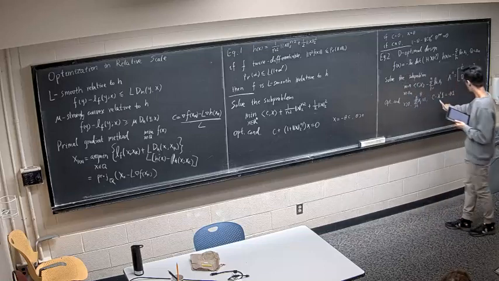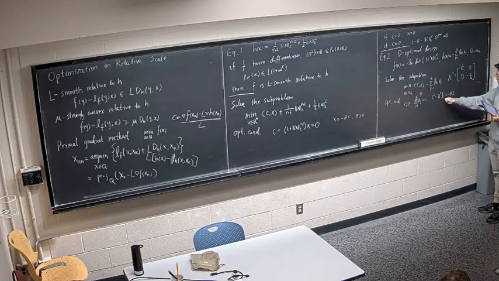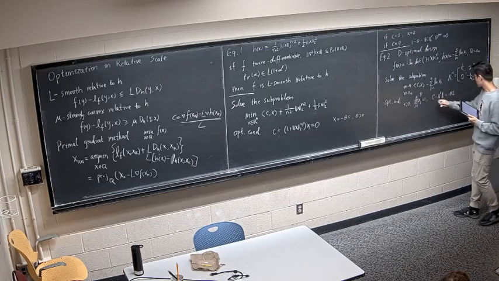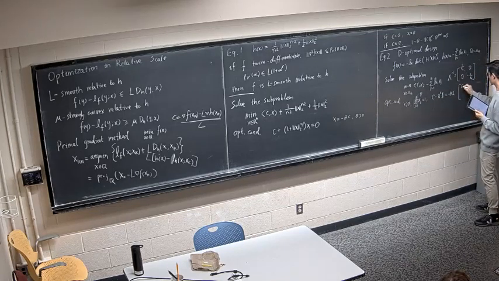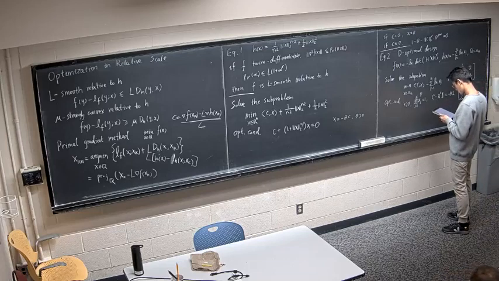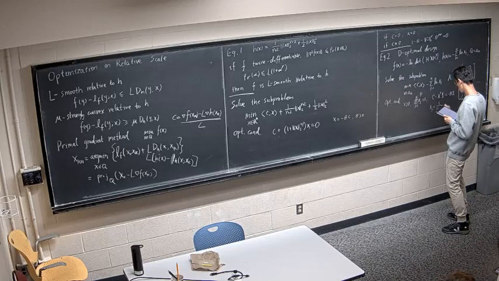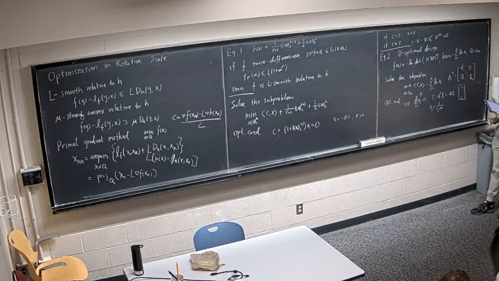And from here, because this is telling you the operation in each coordinate, let's call c a vector c1 to cn. And this is telling us xj, right?